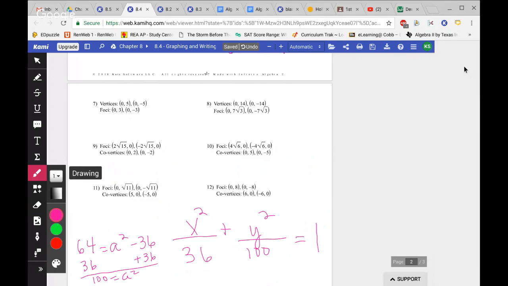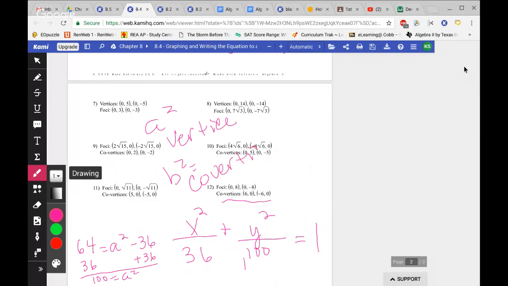Yes, absolutely. When it's a covertice, it's the b squared term, and for an ellipse, the formula is c squared equals a squared minus b squared, and the b squared is always the covertice. So the a squared is the vertice, and the b squared is the covertices.